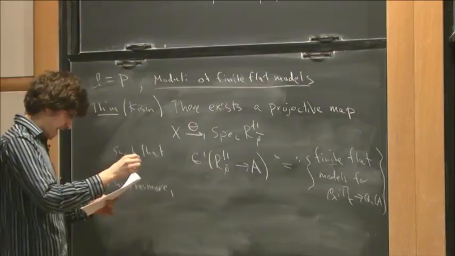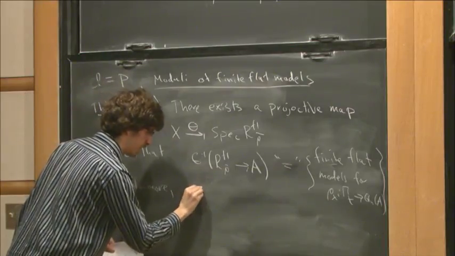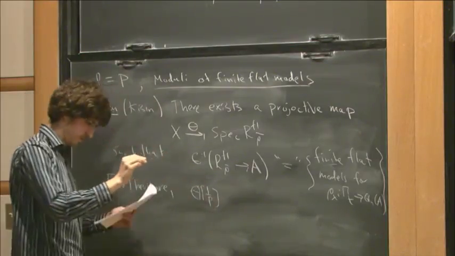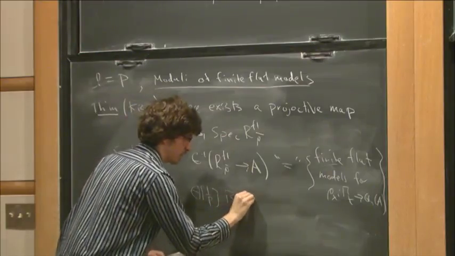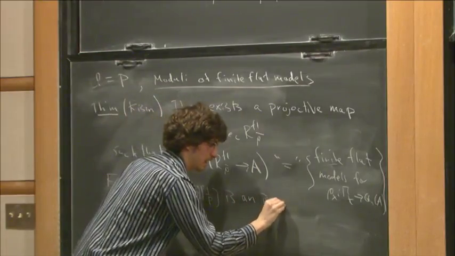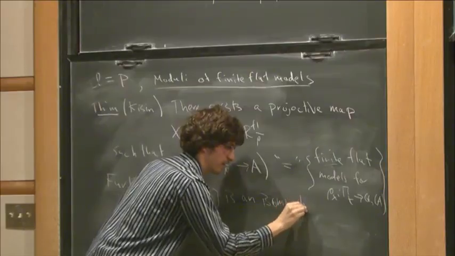It has the property that when you invert p, it's an isomorphism. So it's sort of a resolution of the flat deformation ring.